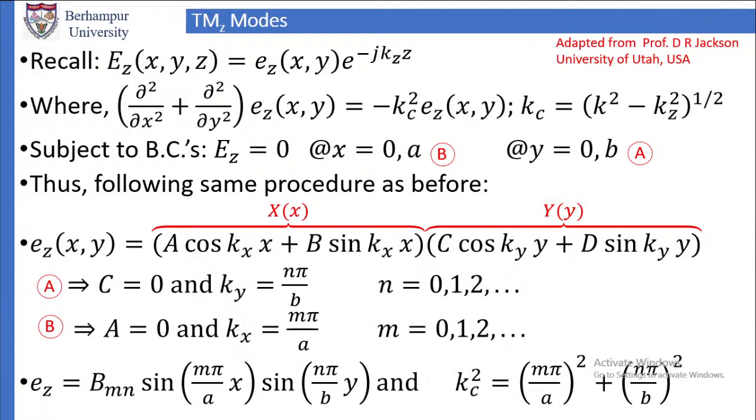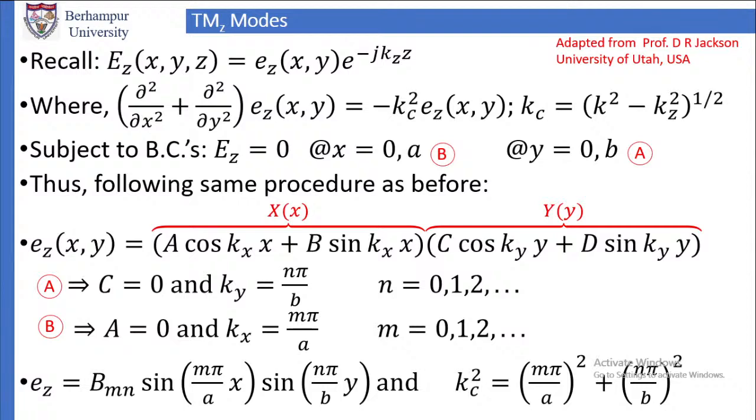So sine ky into b is equal to 0, or ky into b is equal to n pi, or ky is equal to n pi by b. So from the first boundary condition, we have got C is equal to 0 and ky is equal to n pi by b, where n is equal to 0, 1, 2, 3, 4, etc.